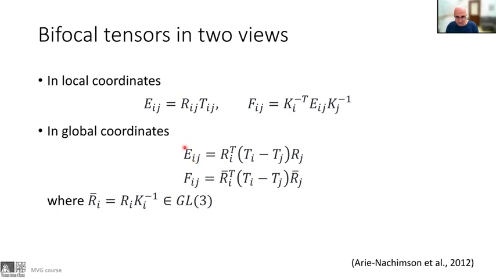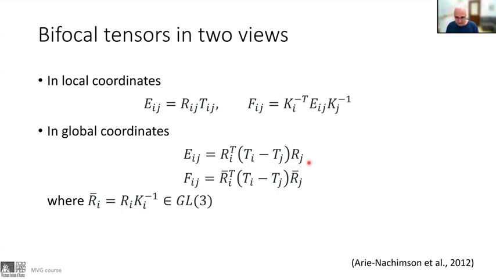So it turns out that Eij can be written as Ri, this is the rotation of camera i, times Ti minus Tj, where Ti is the position of camera i in global coordinate system, times Rj.